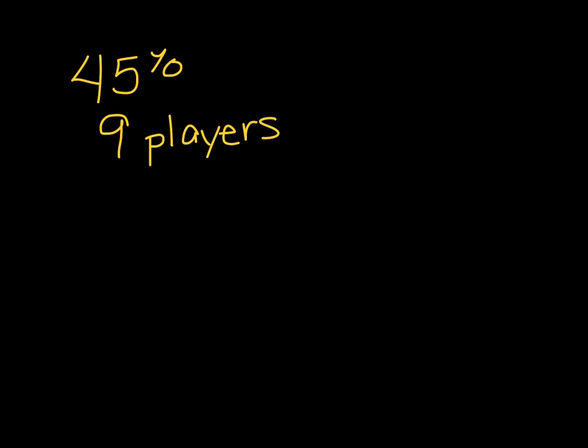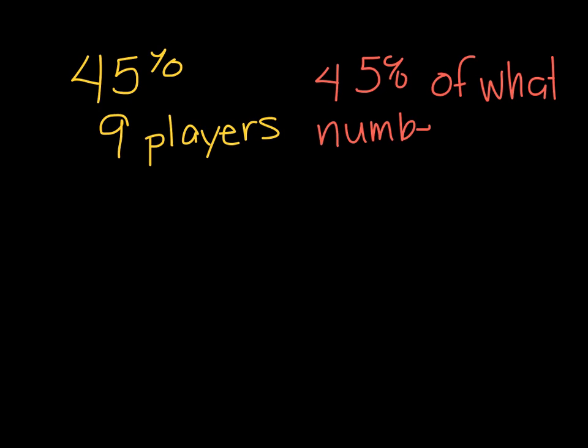So to find out how many people, the original number or base, we would write and solve an equation or proportion. So our question is then 45% of what number is 9? That's our question. So we would use one of the two formulas.